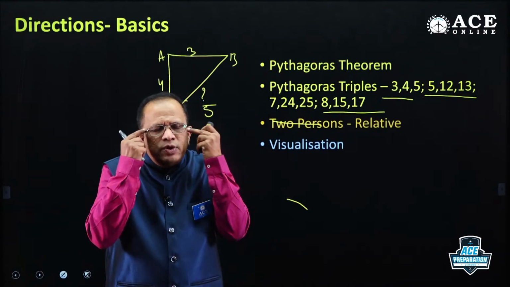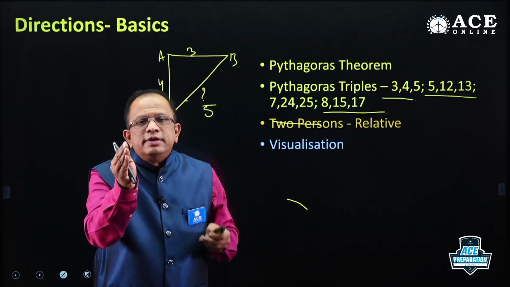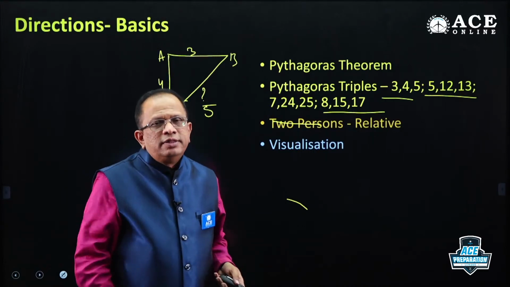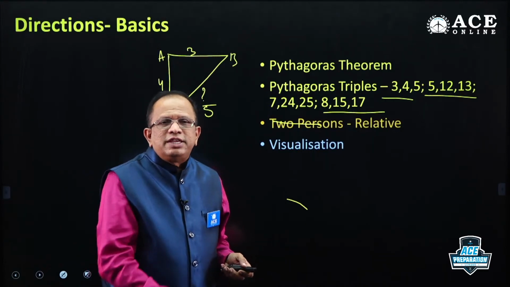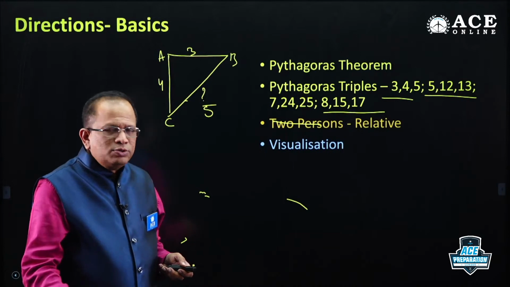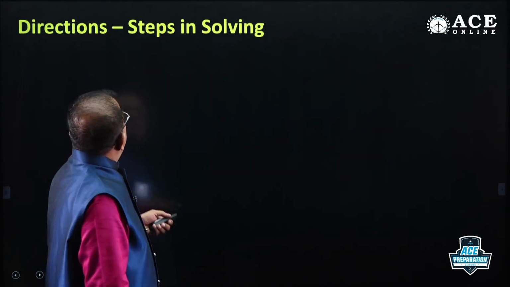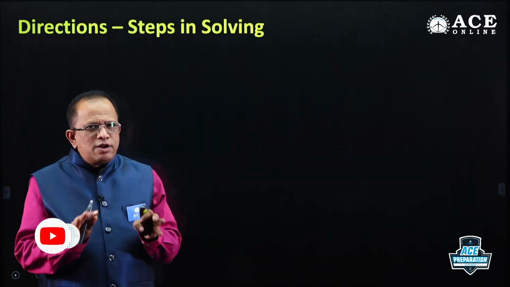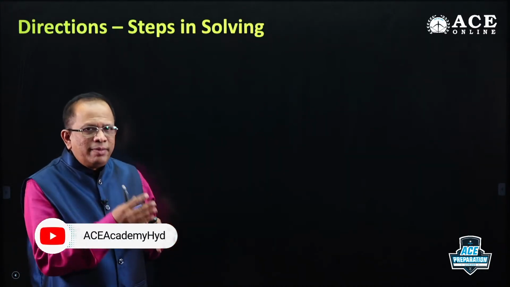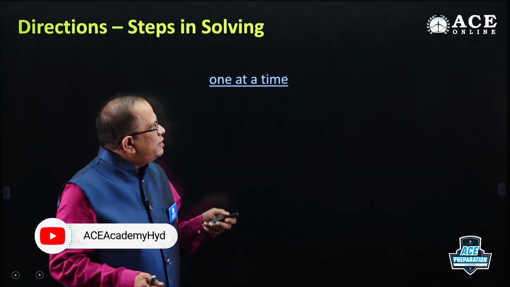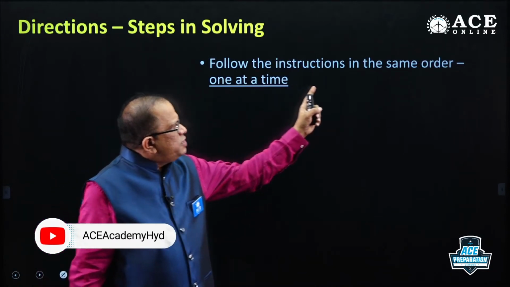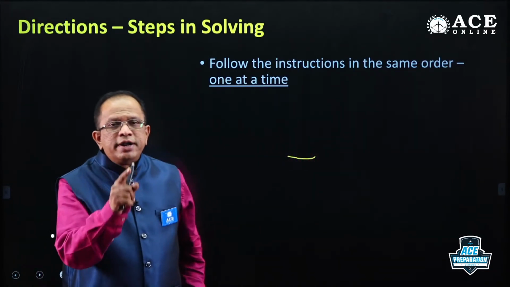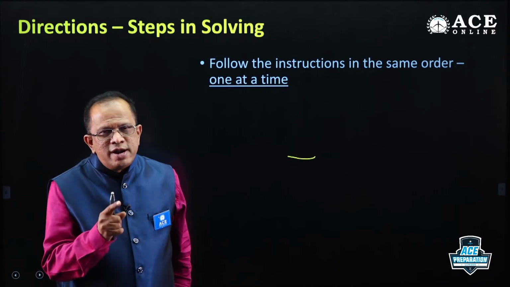Visualization means even if you close your eyes, you should be able to understand and follow the instructions. It is easy, don't worry. I will tell you how to do that. Okay, then what are the steps in solving the questions? Basics are over. Now we come to how to solve the question. Follow the instructions in the same order, one at a time.